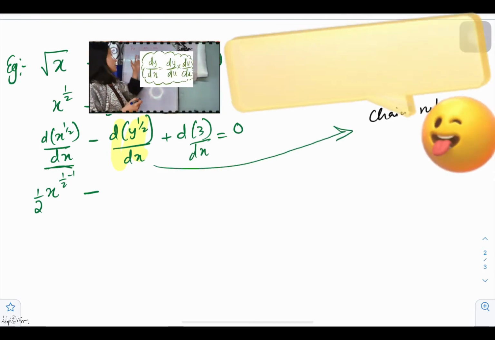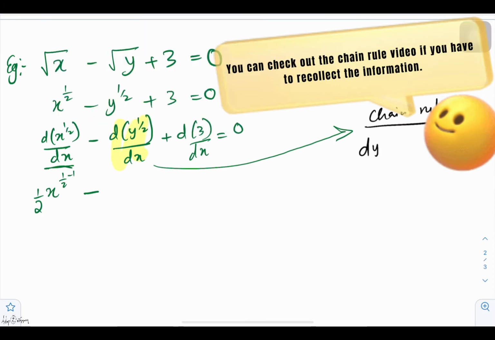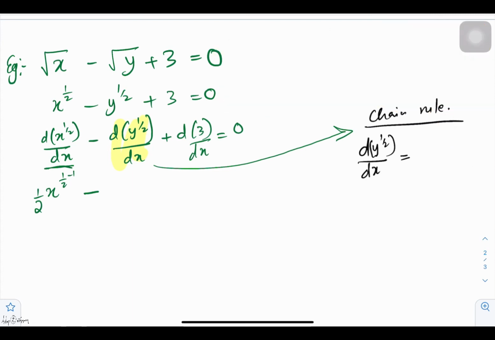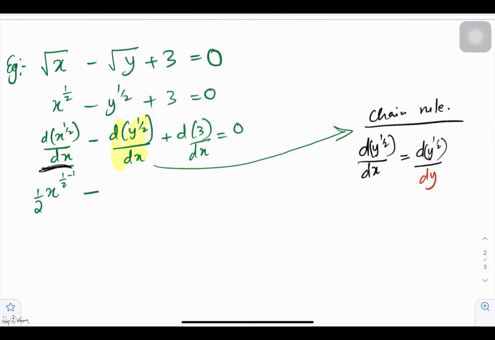Chain rule. Your aim is to differentiate y raised to half with respect to x. Because you have a different variable, you cannot follow what you did earlier with the first term. The problem here is, when I differentiate y raised to half, I need to differentiate this with respect to y only, right? Just because I need dy in the denominator doesn't mean that I can just change dx directly to dy.